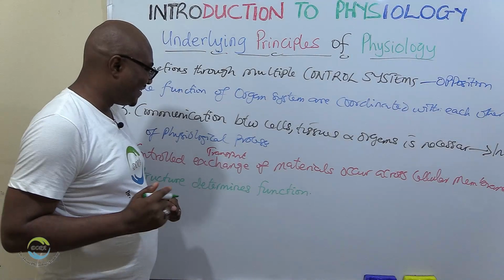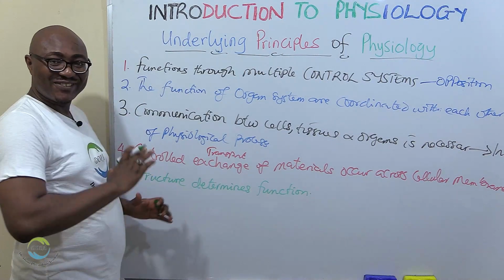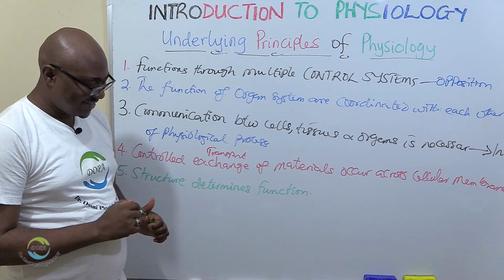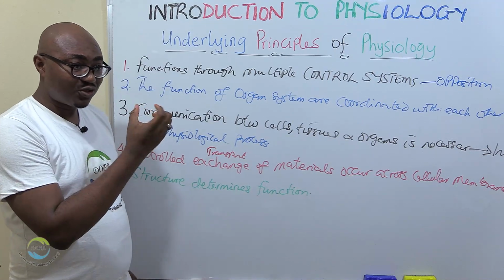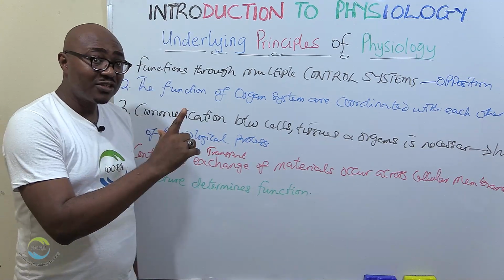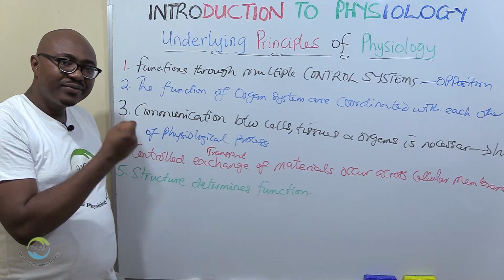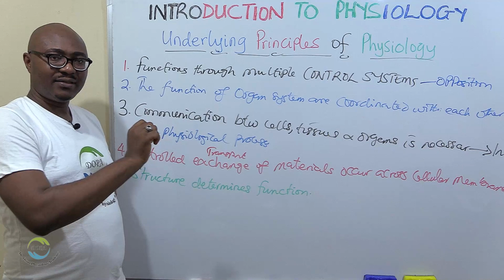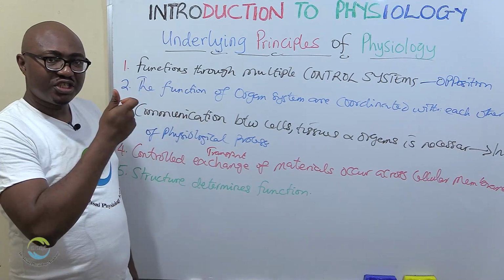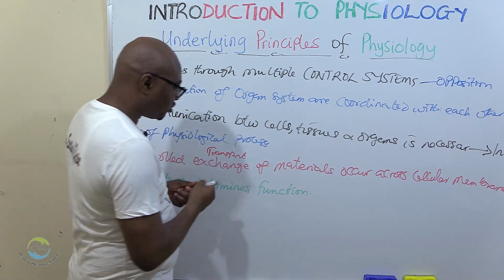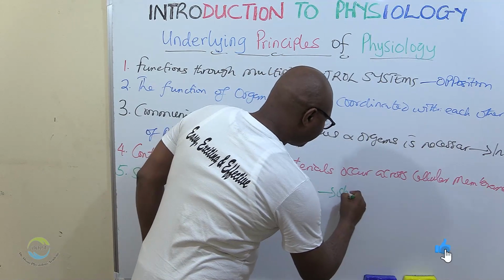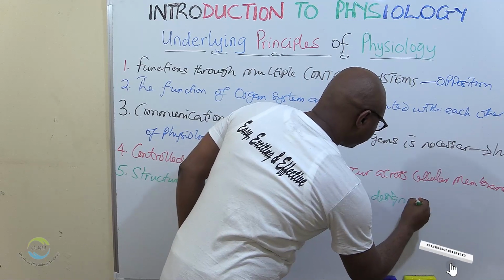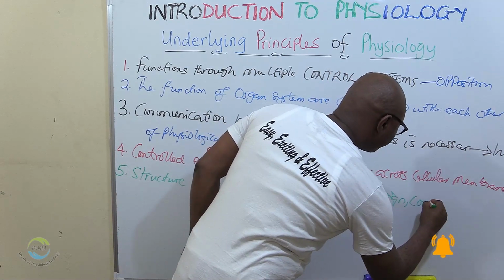Right, welcome back. So we are talking about how structure determines function. What do we mean by that? Now, there's something about structure that I need you to understand. Structure has to do with the shape of something, the design, and composition.